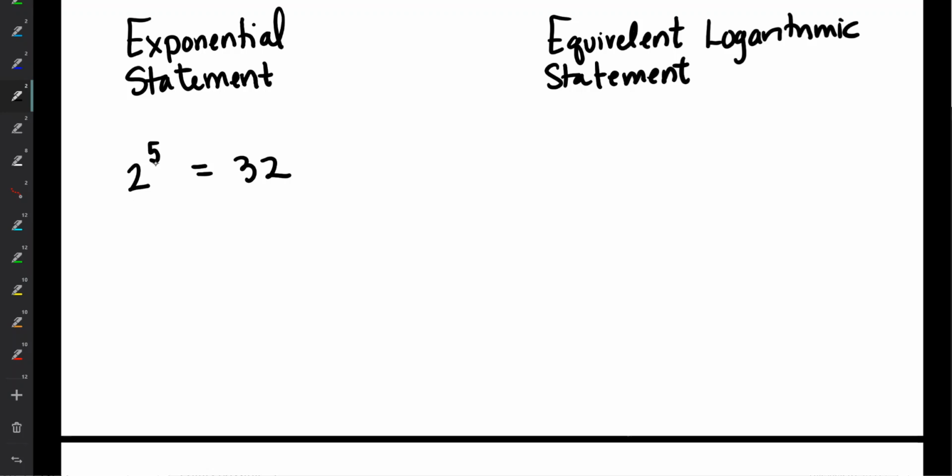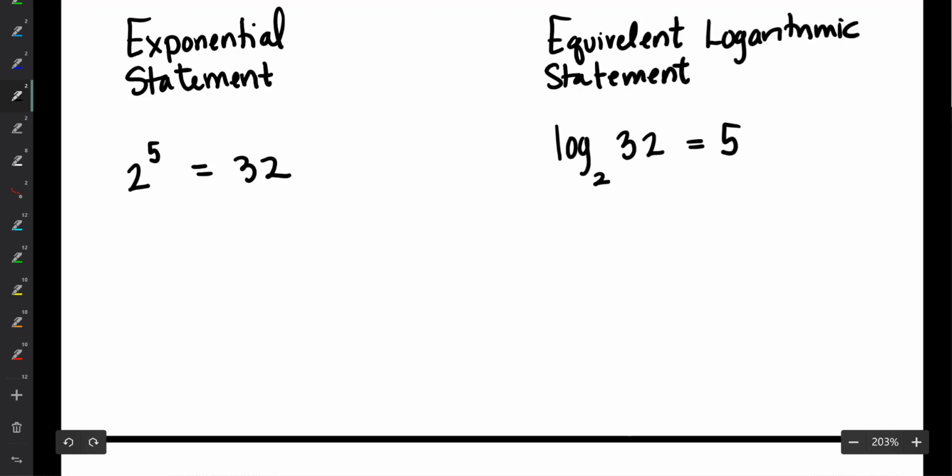So 2 to the 5th is 32. 2 times itself 5 times is 32. The equivalent log statement is log base 2 of 32 is 5. Let's get some color on there. The base of my log and of my exponent are both the same number, right?